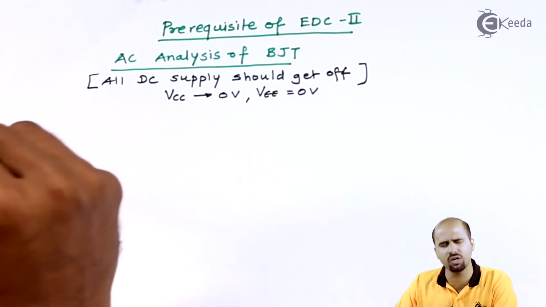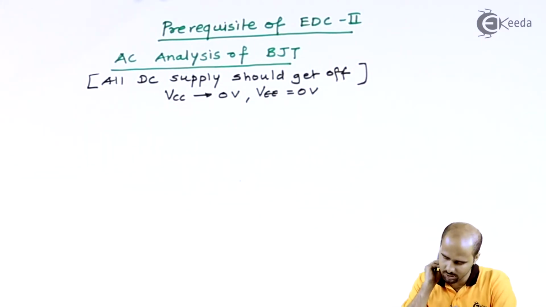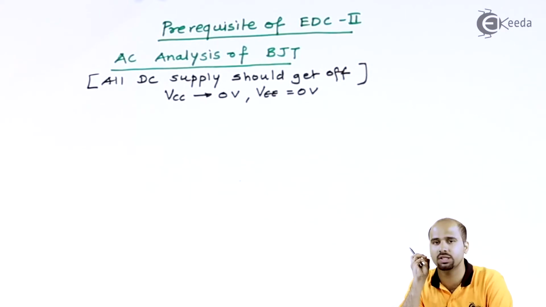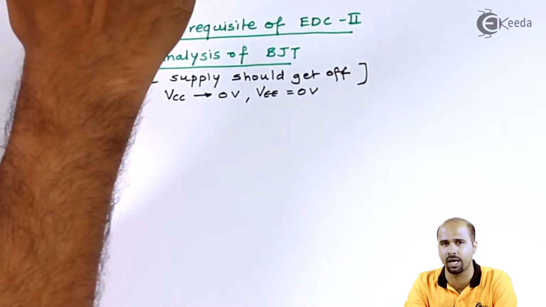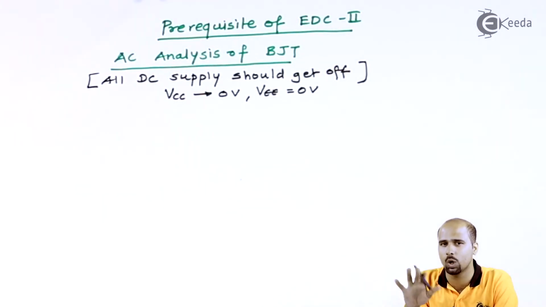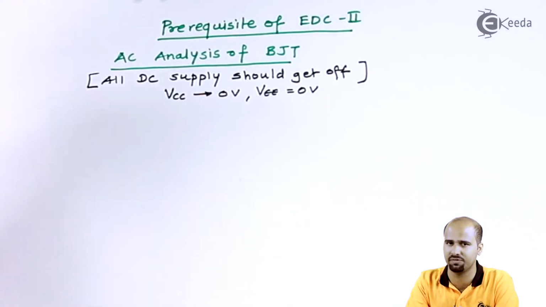So basically we are just converting this supply into a short circuit. We are not applying any DC supply at all, we are just applying the AC signal, and then we'll identify what will be the nature of the BJT bias circuit as an amplifier.